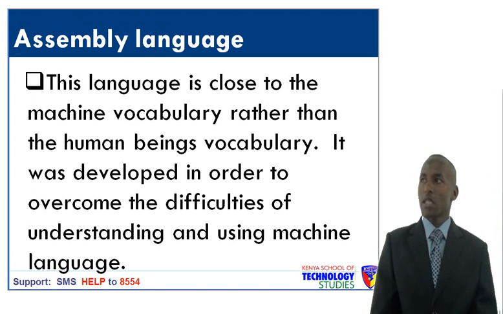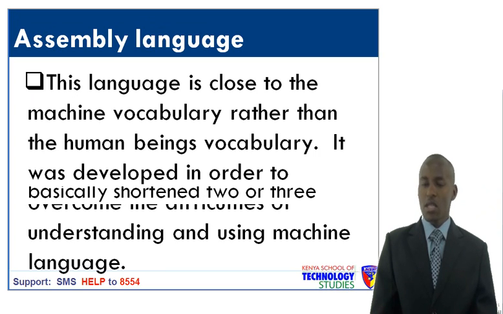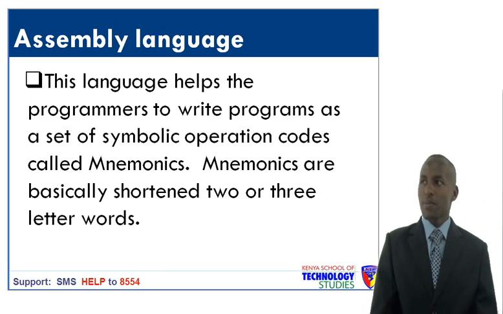Let us now look at assembly language. This language is close to the machine vocabulary rather than the human being's vocabulary. It was developed in order to overcome the difficulties of understanding and using machine language. This language helps programmers to write programs as a set of symbolic operation codes called mnemonics.